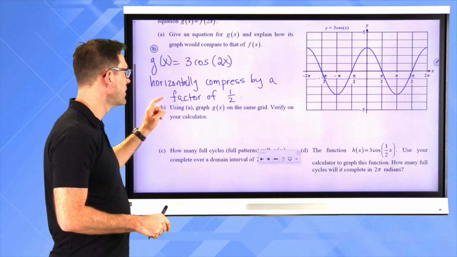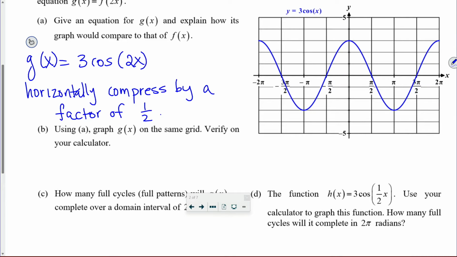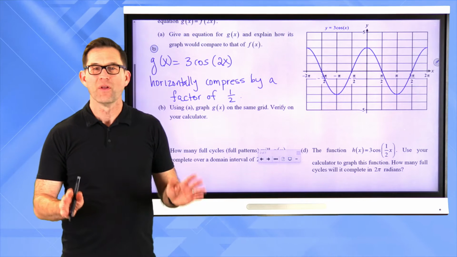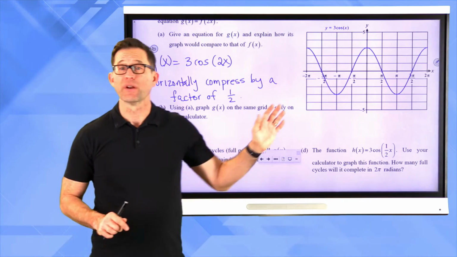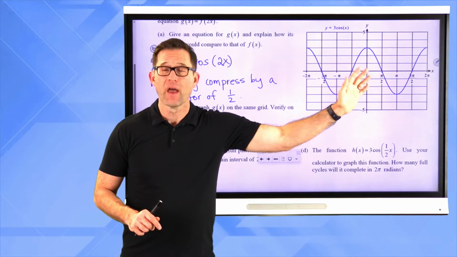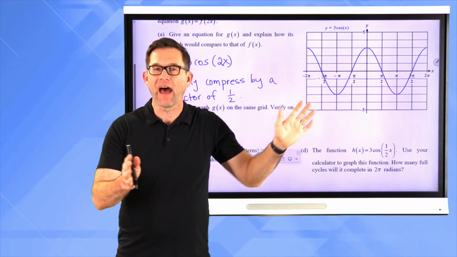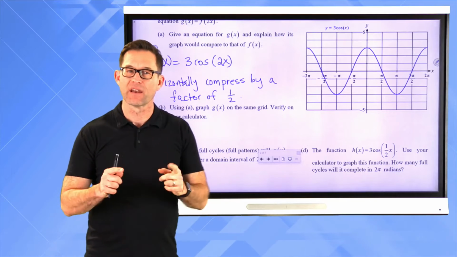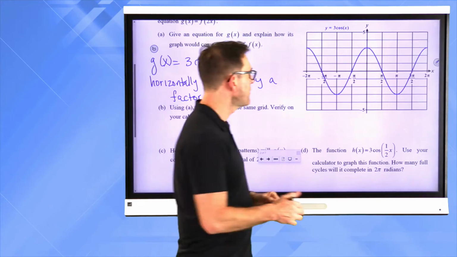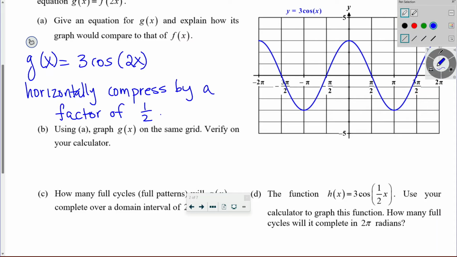Let's take a look at letter B. Use A, graph g of x on the same grid. Verify on your calculator. All right, cool. So what we're going to do is take every point on this graph and make it half the distance from the y-axis that it originally started. So let me go into red now.